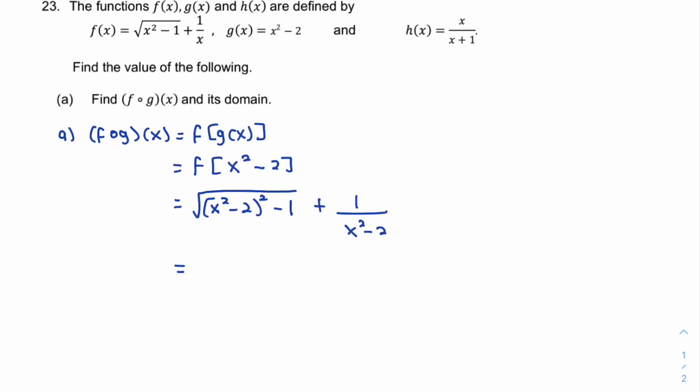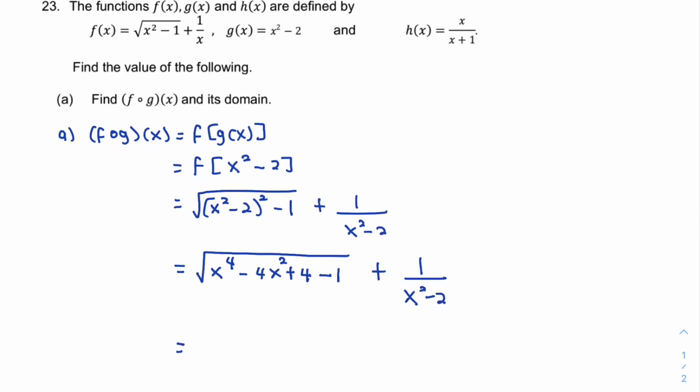And then you can simplify. You're going to get x to the power 4 minus 4x squared plus 4, and then minus 1, square root everything, plus 1 over x squared minus 2.